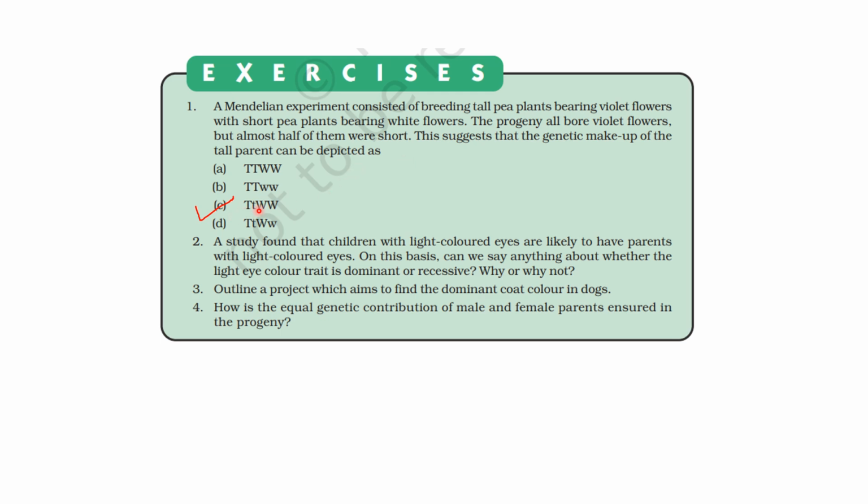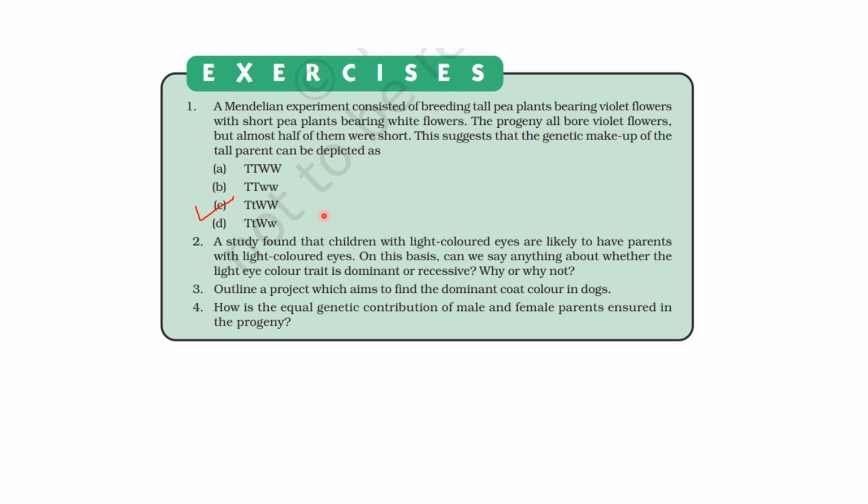Okay? This will also be the case, क्योंकि homozygous tall capital T will not produce any short offspring, right? So this one will be okay for us. So the tall parent must be capital T small t W W. Right? So C is the correct option here.